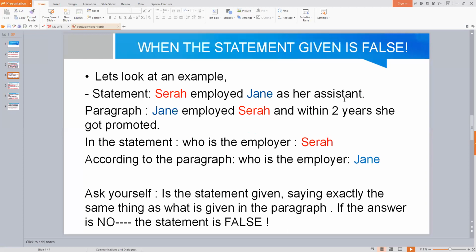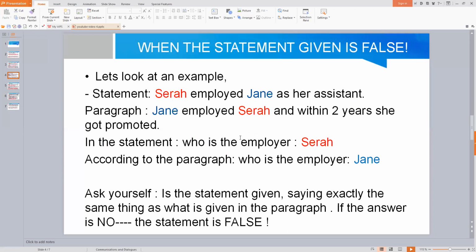It is false. You have to ask yourself, okay? If you can think like this in the exam, it will really help you. Ask yourself, is the statement given saying exactly the same thing as what is given in the paragraph? If the answer is no, then the statement is false.